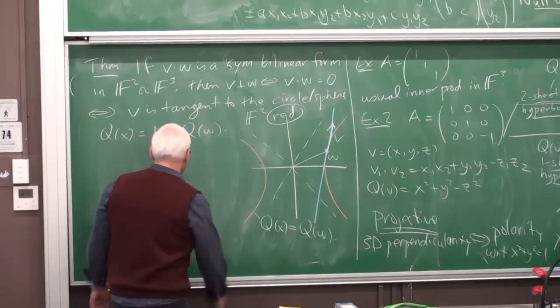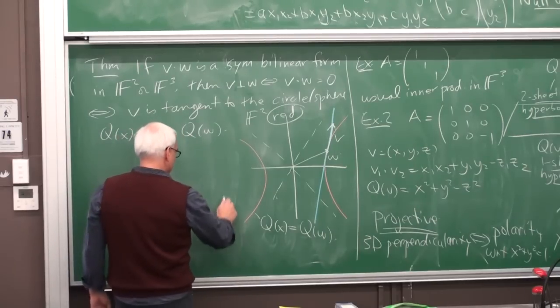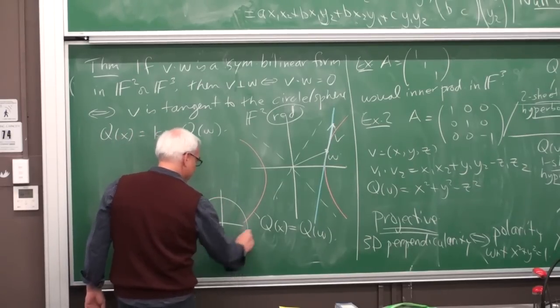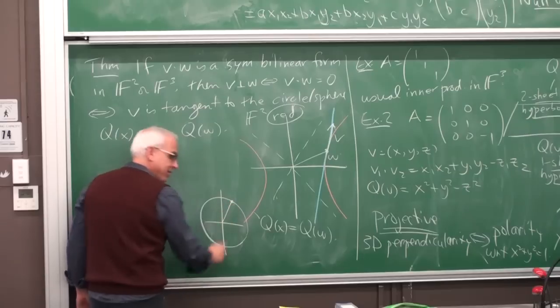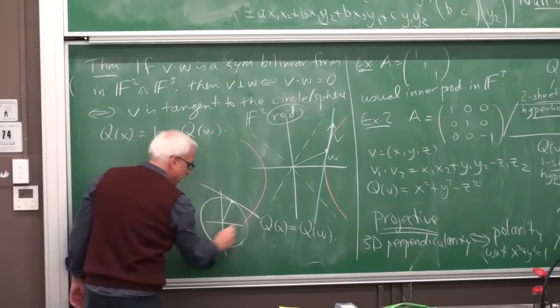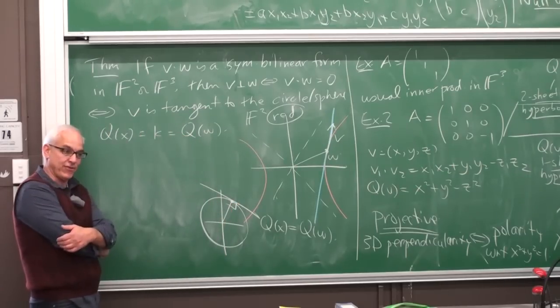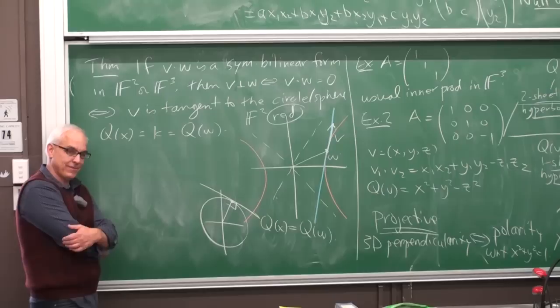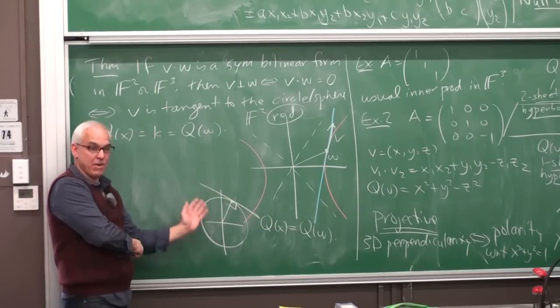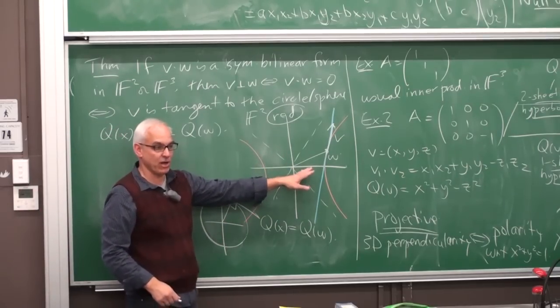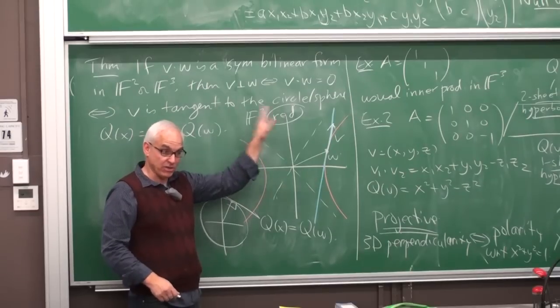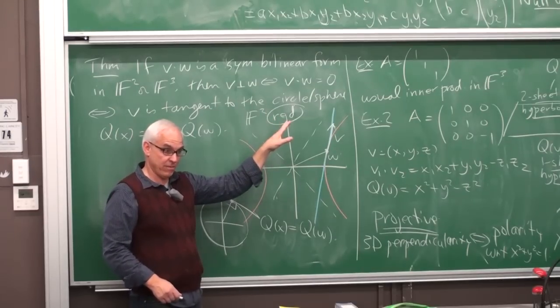I remind you that in Euclidean geometry, if you have an ordinary circle and you have a radius, then the tangent at that radius is perpendicular to the radius. Right? That's another way of describing what perpendicularity is. What we're saying is that exactly the same story here, but for a general symmetric bilinear form.